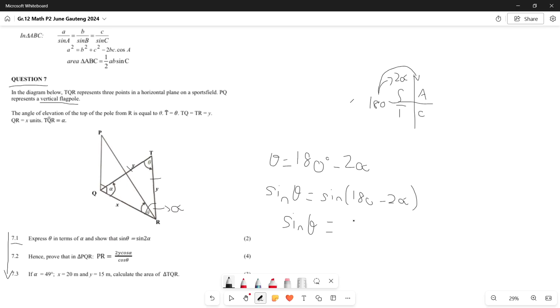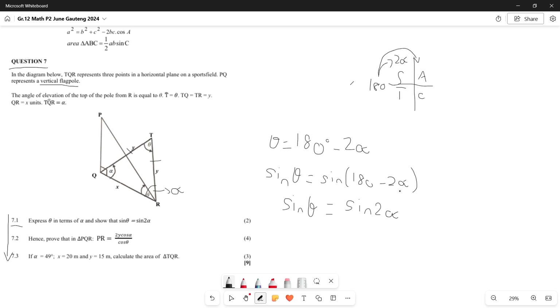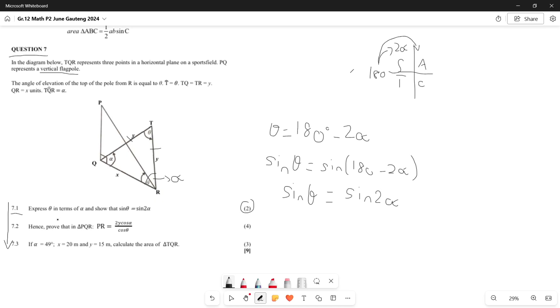So therefore sine theta equals sine 2 alpha. And that would earn us 2 marks over there because we added sine, taking the reference point of the opposite over hypotenuse from the same angle, because theta represents 180 minus 2 alpha, which means we can just introduce sine to both sides and then solve for this equation in terms of sine. Because now we expressed theta in terms of alpha and we showed that sine theta equals sine 2 alpha.